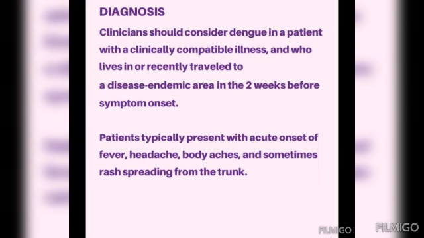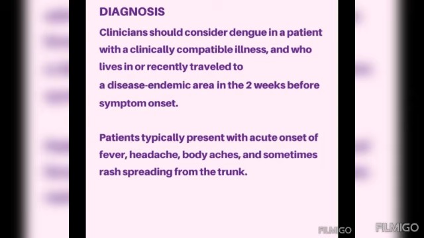So, what is the diagnosis of dengue? A clinician should consider dengue in a patient with a clinically compatible illness who lives in or recently traveled to a disease endemic area in the 2 weeks before symptom onset. Patients typically present with acute onset of fever, headache, body ache, and sometimes a rash spreading from the trunk.